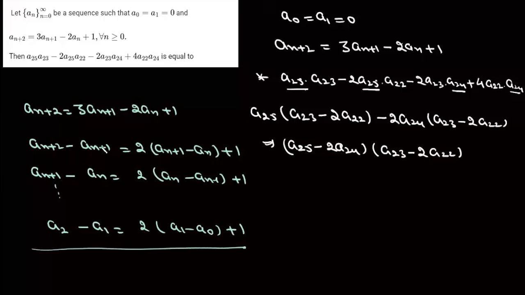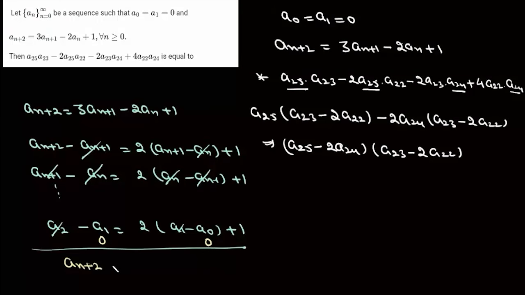Now, if we add them all, these successive terms, they'll cancel. Here also, these terms, they'll cancel. And we also know the value of A1 is 0 and A0 is 0. So from here, we can write A(n+2) is equal to 2 times A(n+1) plus, now this is 1 plus 1 plus 1.